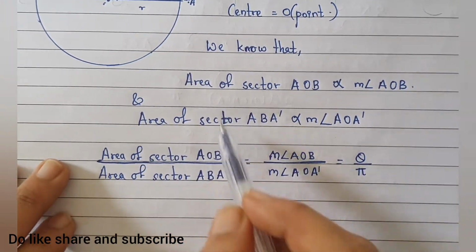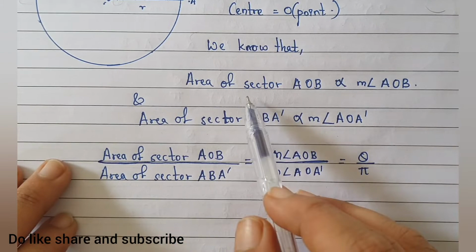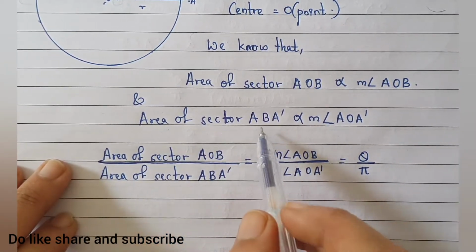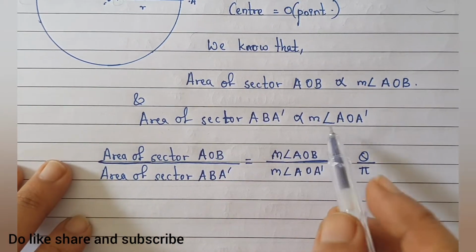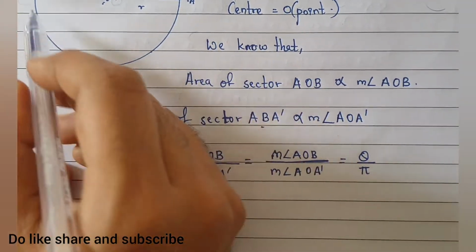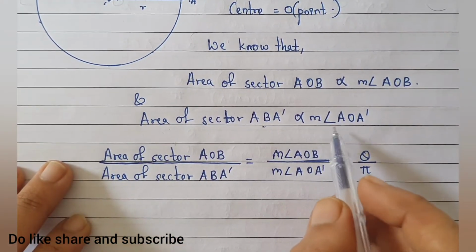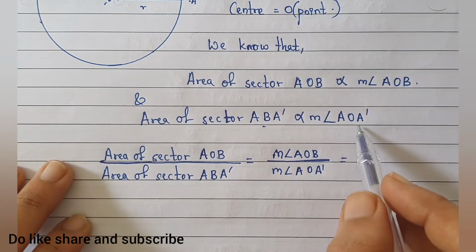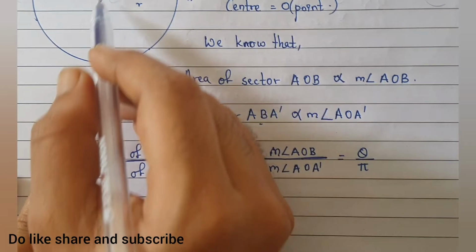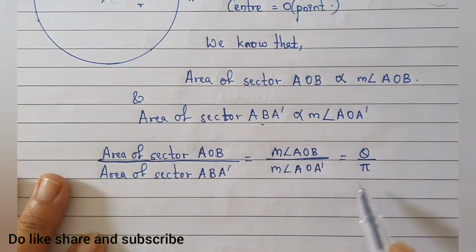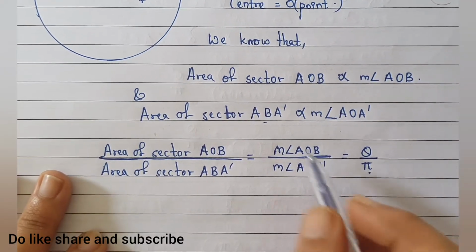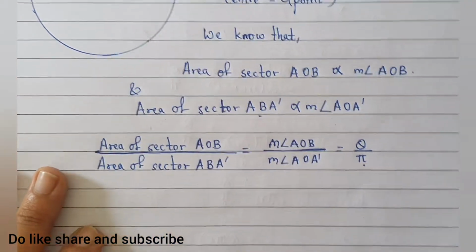See, we have taken this ratio, as we know this sector is proportional to the angle made by it. Similarly here also we have taken this proportionality, so that area of sector A dash is proportional to measure of angle AOA dash. So AOA dash is pi, so we have put the value pi, and AOB which we have known is our angle theta.